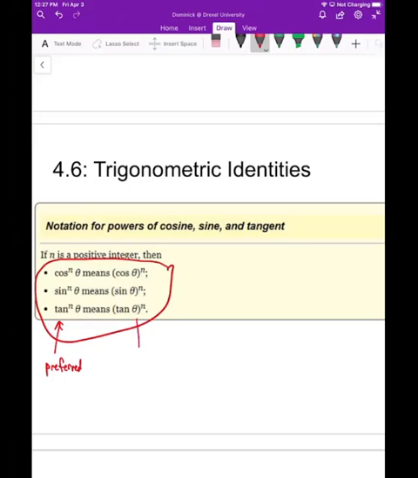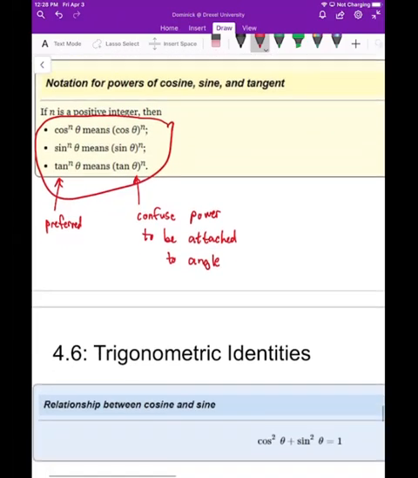The reason we don't use the other form is that if you don't put the parenthesis there, you can confuse the power to be on the angle. So we don't usually use those forms of powers of a trig function, right? We'll usually use the format on the left.